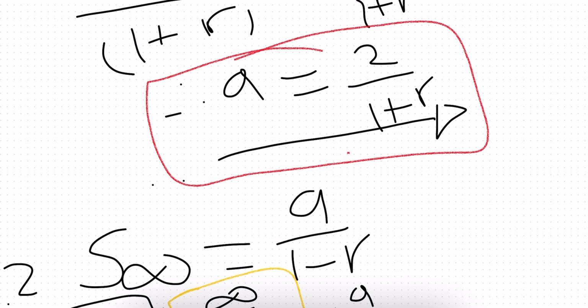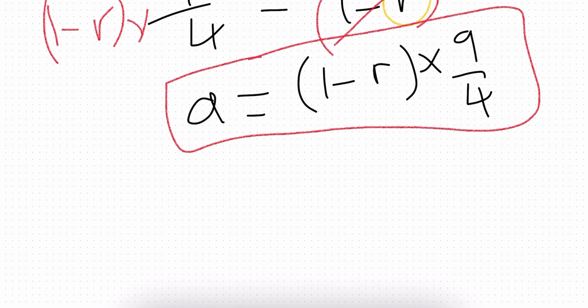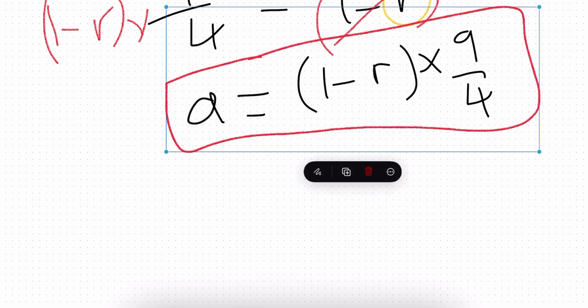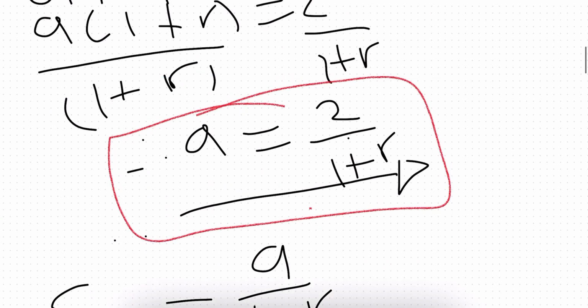It's more like saying if a is equal to b, but b is equal to c, therefore a is equal to c, because they are both equal to b. In this case, this expression is equal to a, and also this expression is equal to a. Therefore, this expression is also equal to this expression, because they are both equal to a.